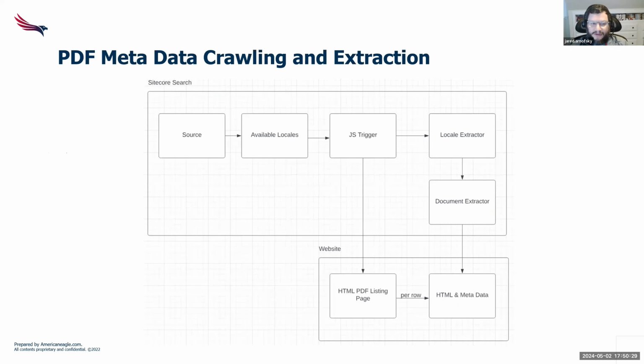Okay, so the next thing we did was PDF metadata crawling. Sitecore Search out of the box has a way to crawl PDFs, and it might be a good fit for your organization. Essentially, what they recommend is that you configure a JavaScript document extractor to extract the HTML.